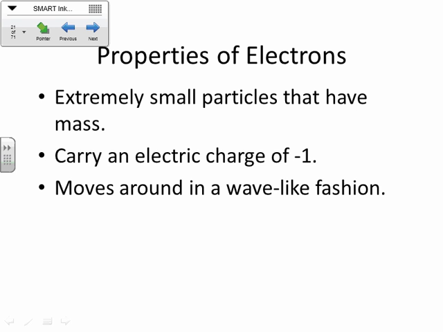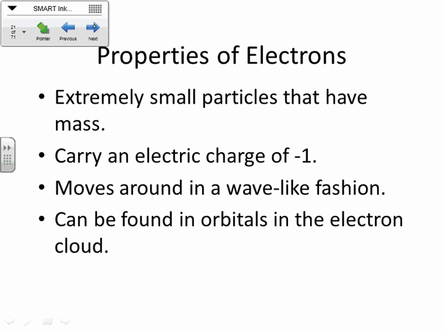Well, now you've got these weird things, these electrons. They have some mass, but then they kind of act like waves also, which we usually associate with energy. So are they mass? Are they energy? They kind of act like both at the same time. They can be found in what's called orbitals in the electron cloud.